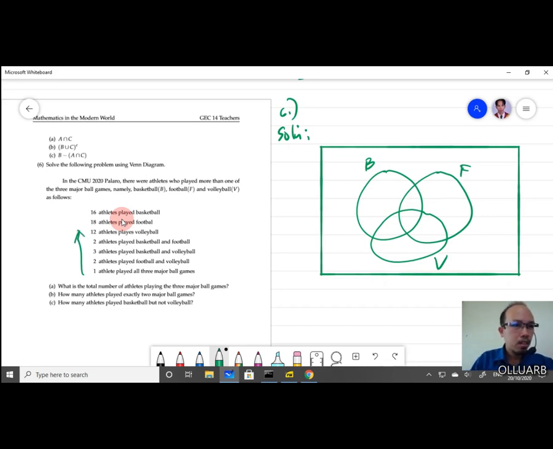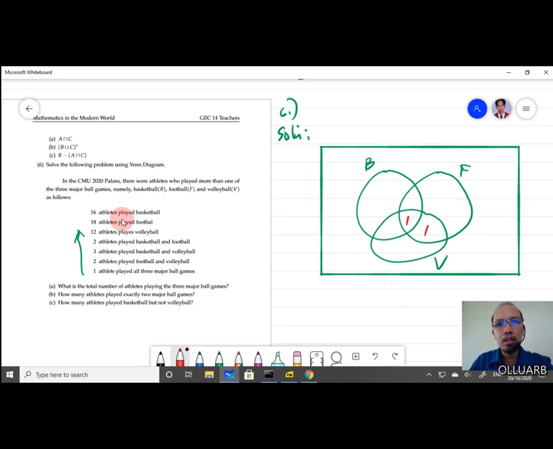Okay. So one athlete played all three major ball games. So this is one here. Two athletes played football and volleyball. So FV is 2.